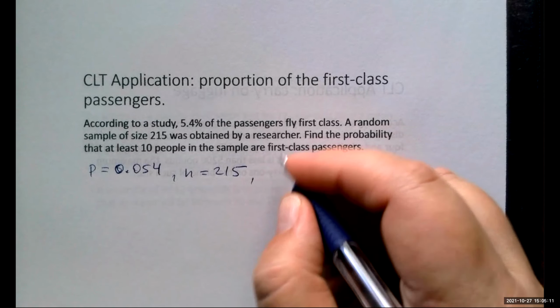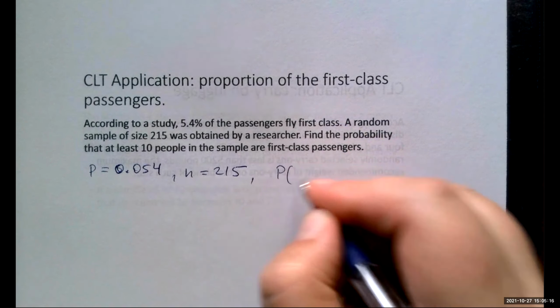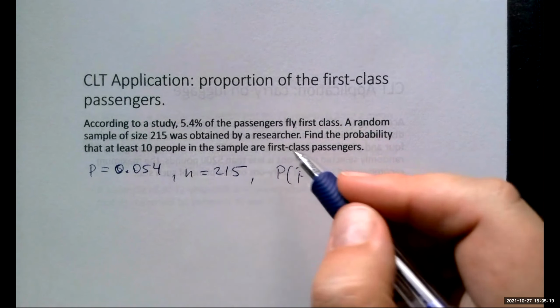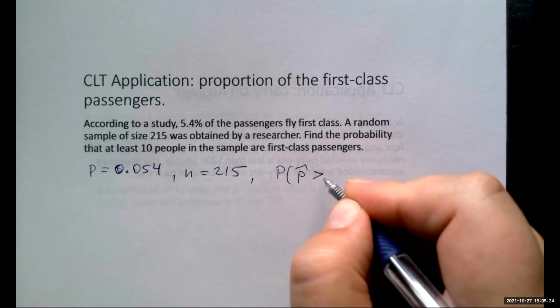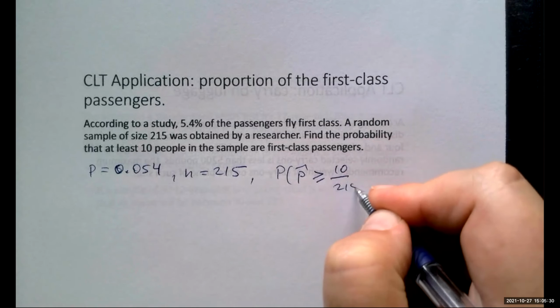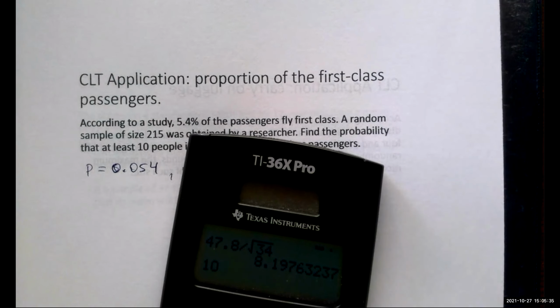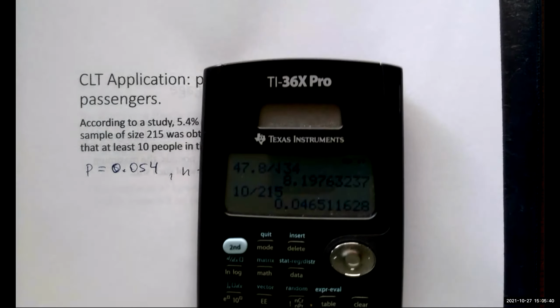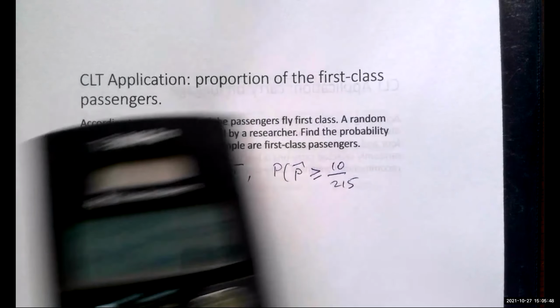So we're looking for the probability that p hat, at least meaning that many or more, so greater than or equal to 10 out of 215, which is approximately 0.0465.